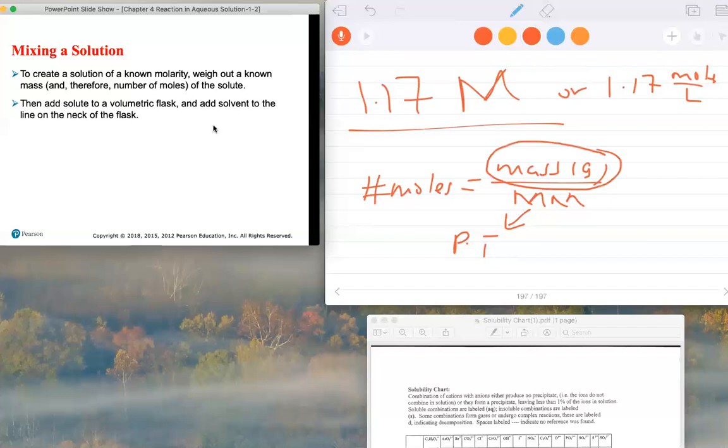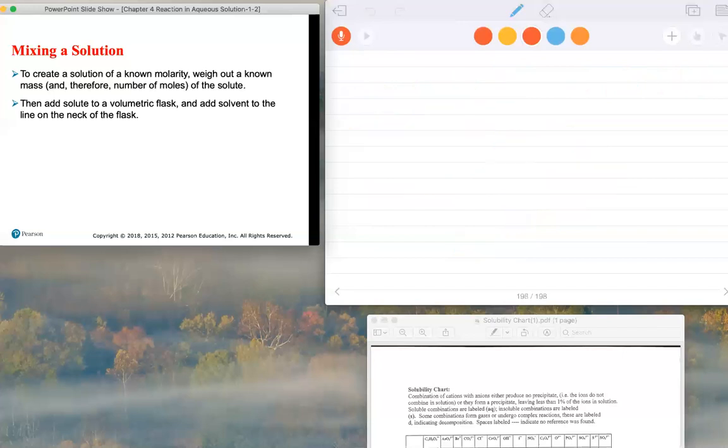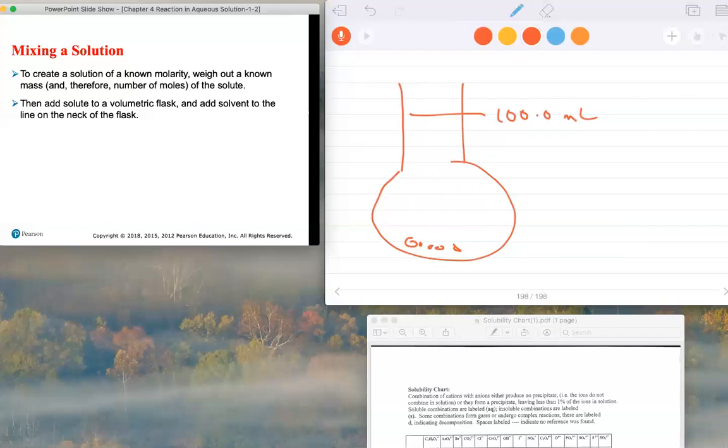Always weigh out your sample first, and say this is the 100.0 mL mark. You will weigh out the sample and transfer it quantitatively into your flask.